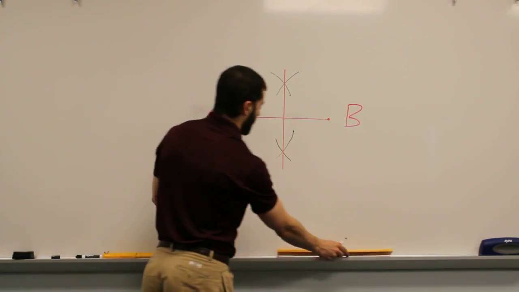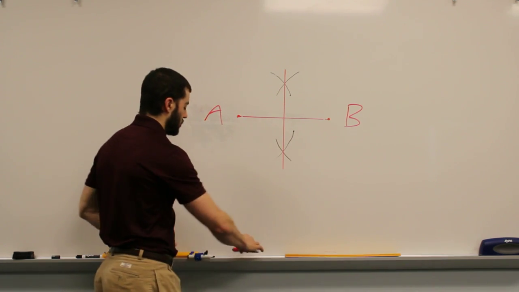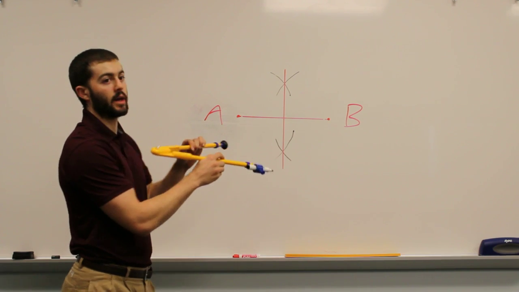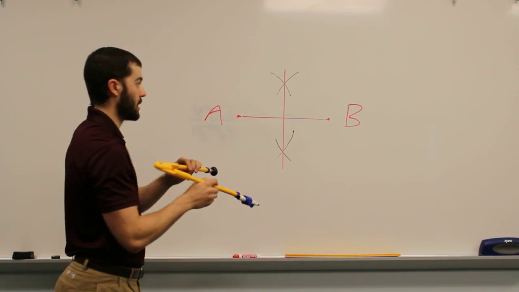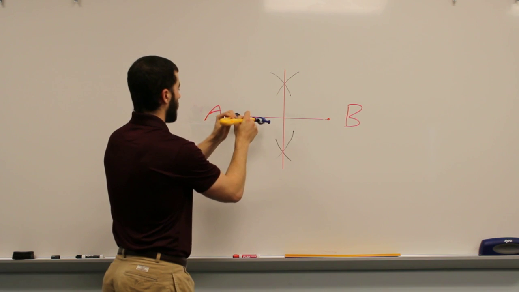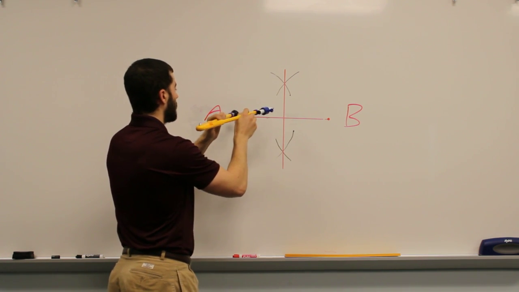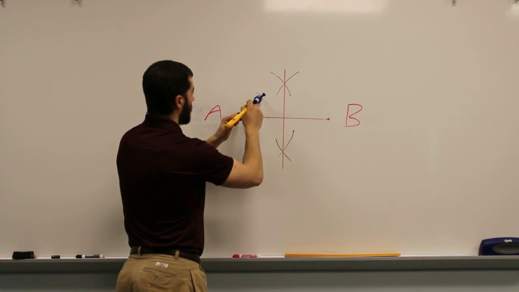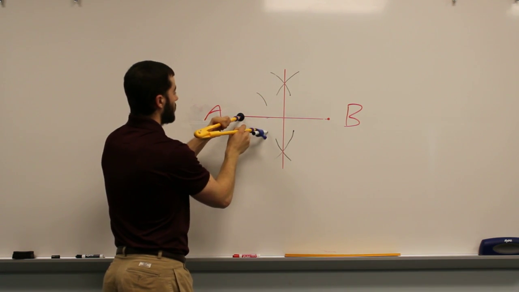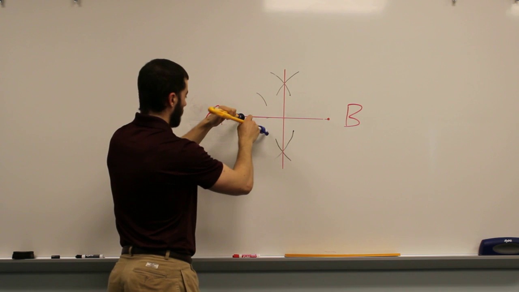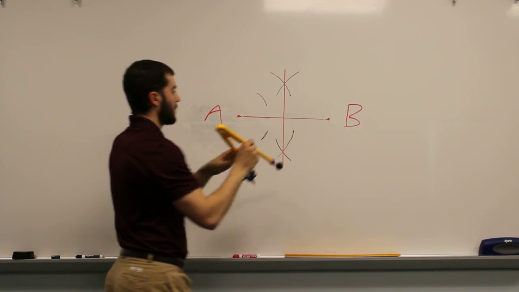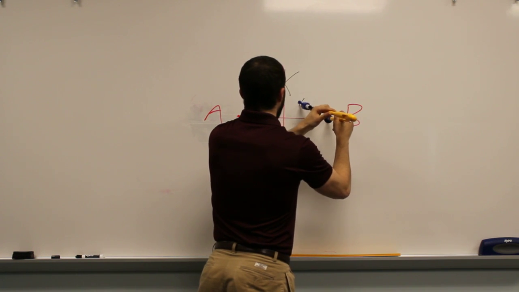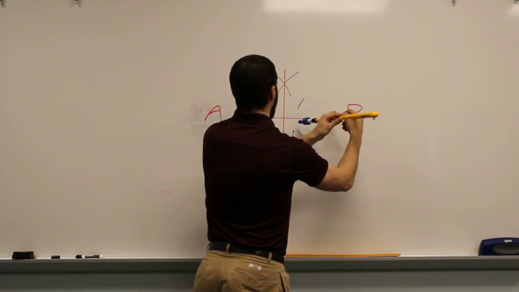I want to take a second and show why we can't do this if we don't open the compass up more than halfway between points A and B. Let's say we open our compass up less than halfway between points A and B, something like this perhaps, and we try to make our arc below and above the line segment. And then we do the same thing from point B, making our arc above and our arc below.